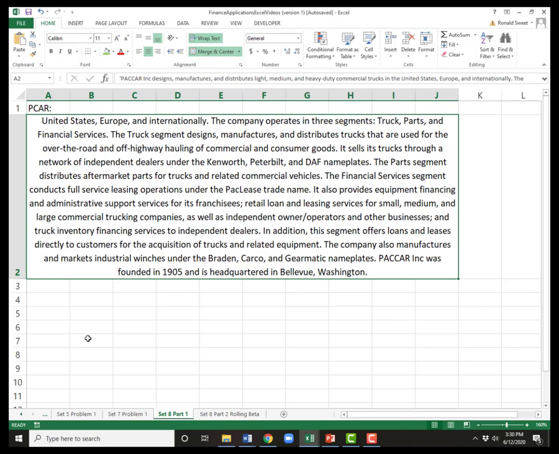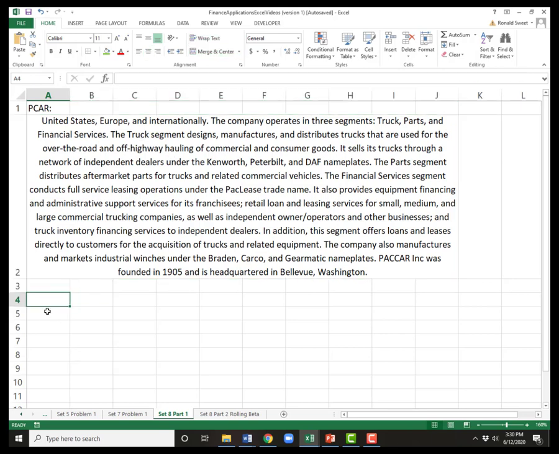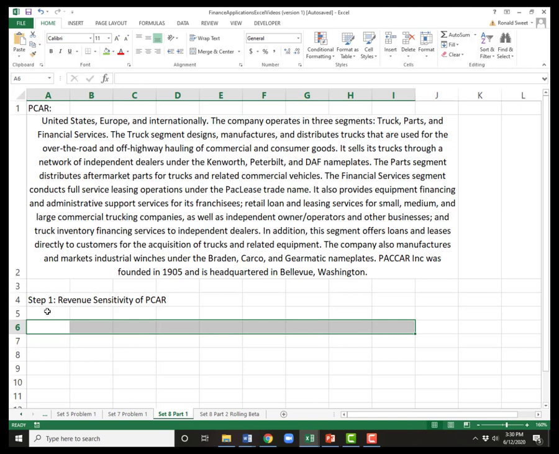So looking at this firm, I'm going to start off with step 1, where we talk about the revenue sensitivity. I'm going to say this is definitely a cyclical company. We talked about Kroger's when we did financial application 7.